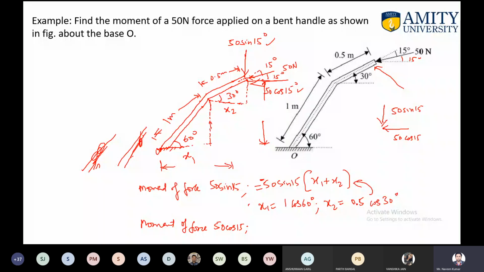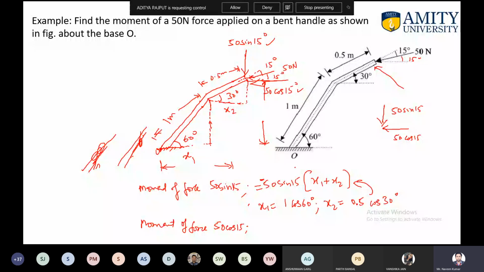So how will we calculate x1? For this triangle, this is the base and this is the hypotenuse. So x1 upon 1 meter equals how much? Cos 60. So x1 will be 1 cos 60. Similarly, for this triangle, x2 upon 0.5 should equal how much? 0.5 into cos 30. So this is how we have calculated x1 and x2.